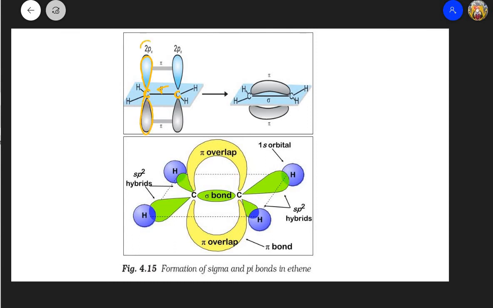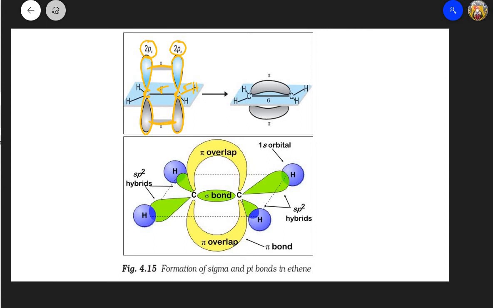It can be either 2px or 2py, but not 2pz. While explaining I included 2pz for ease, but one has to remember that the unhybridized p orbital forming the pi bond is either 2px or 2py, right? So it will form above as well as below, but only one pi bond will be there, right? And this is the hydrogen which is involved in bonding with respect to carbon.